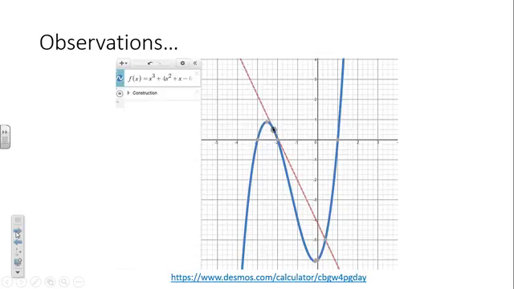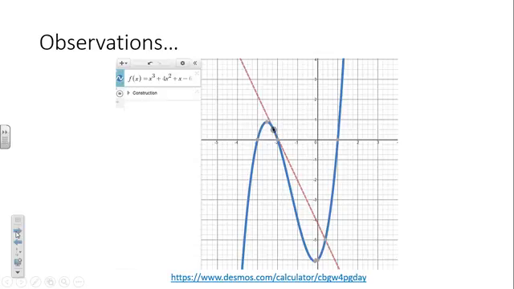Kind of looks like possibly like a tangent, right? Or not really. Okay, so what do you mean by a tangent? Well, here's a hint.